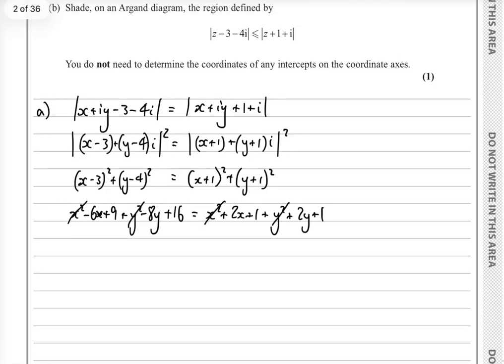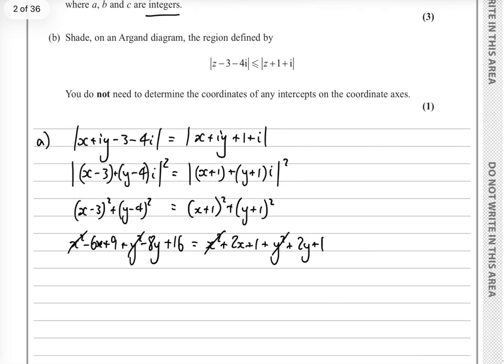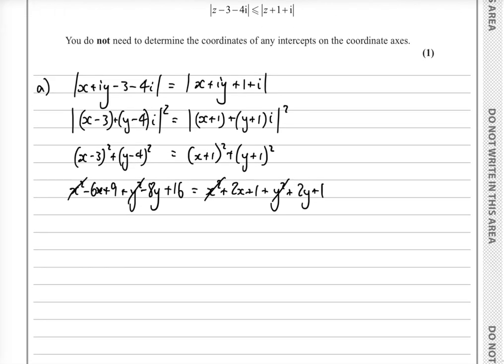That's good because this is supposed to be a line. And collecting them together, we've got 8 x's and 10 y's, minus 25 and 2 minus 23. So a is 8, b is 10, and c is minus 23, all integers.